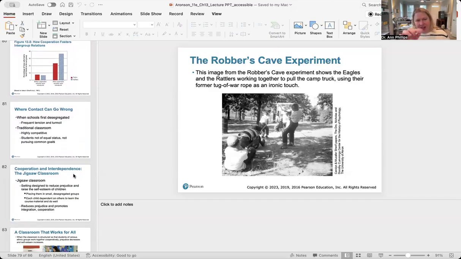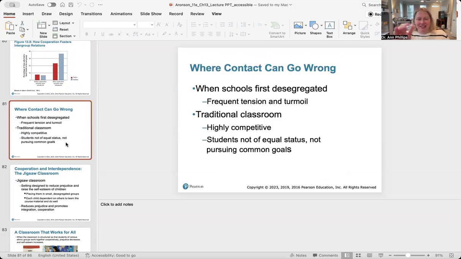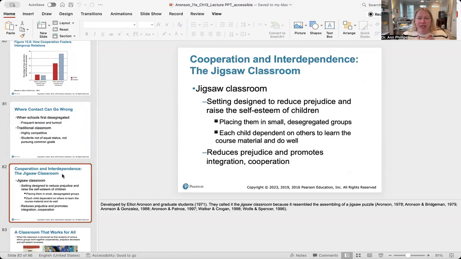In literally one slide, they stick in real quick how it can go wrong. Then they talk about how you can introduce this interaction in classrooms. So starting at very young ages, preschool, kindergarten, elementary school, setting up something called the jigsaw classroom, where you have small groups of people who work together in class and intentionally those groups are quite diverse.